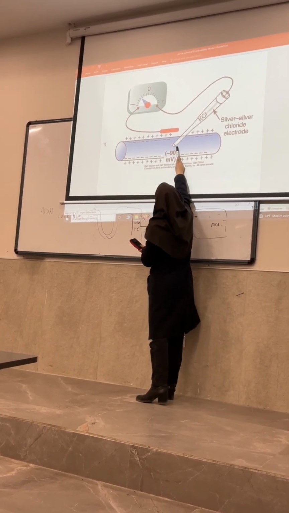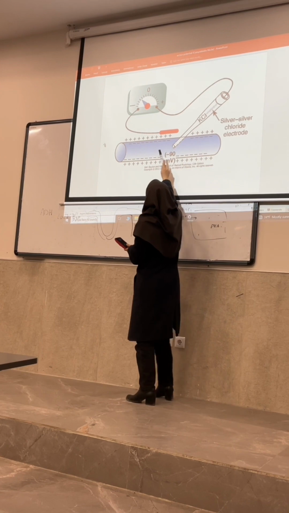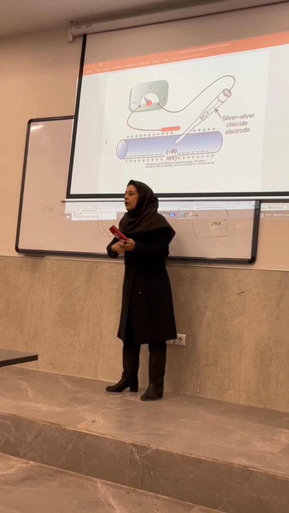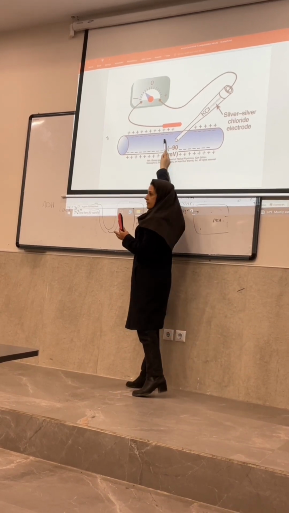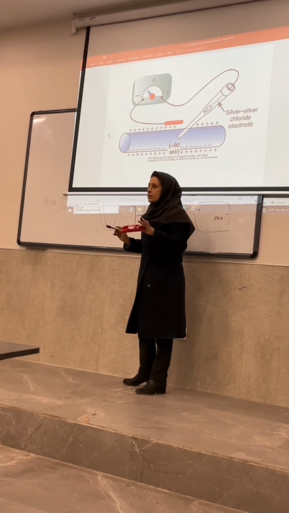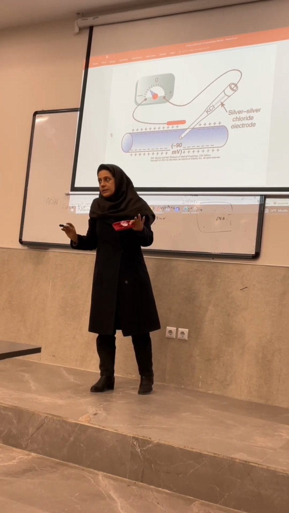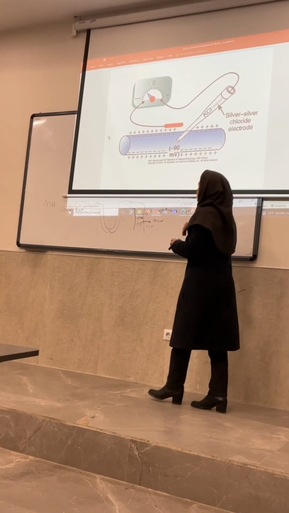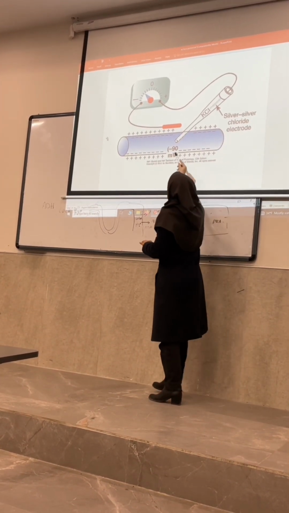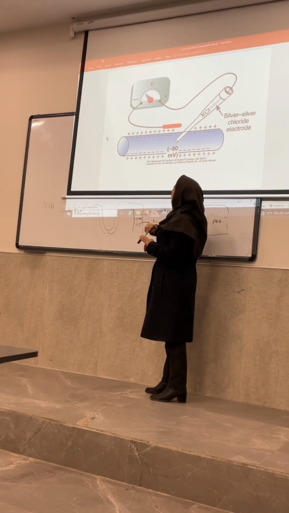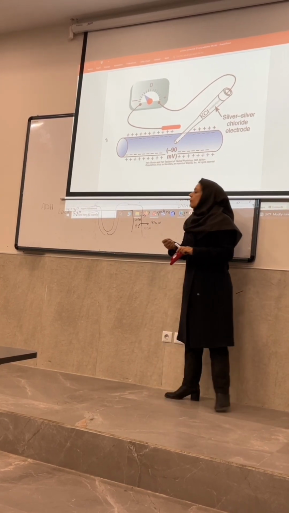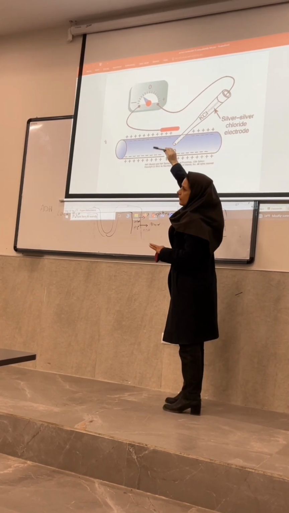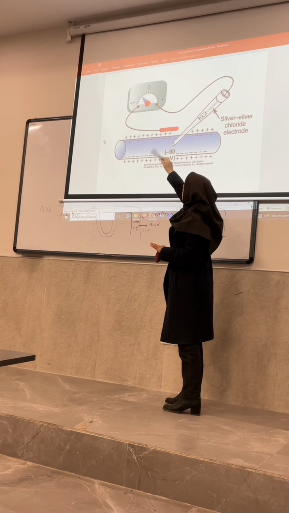If we insert an electrode inside the cell, the other electrode outside, and connect it to a voltmeter, all cells are negative inside relative to outside, and this is fixed for all cells. But in some cells, like those of the nervous system, if you apply some stimulus, for example acid, you see the voltage changing, going up and down.